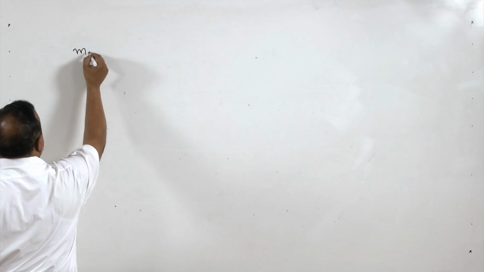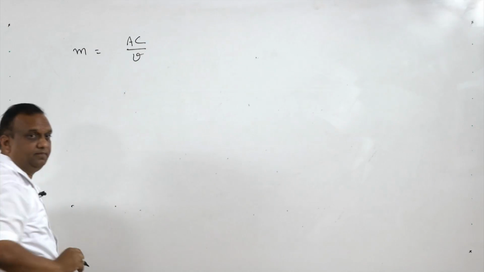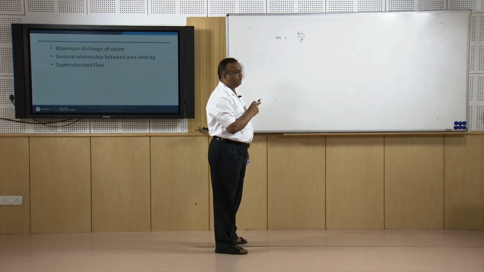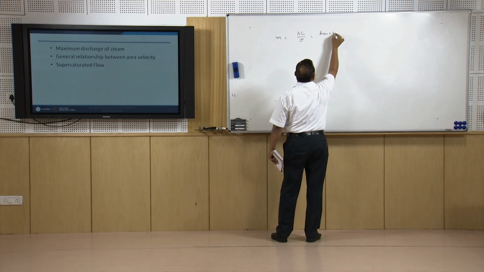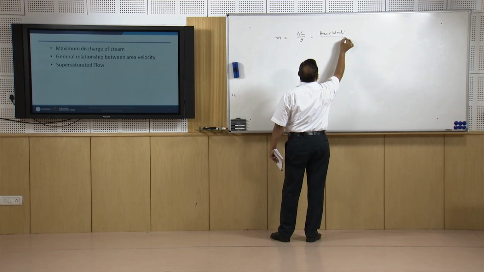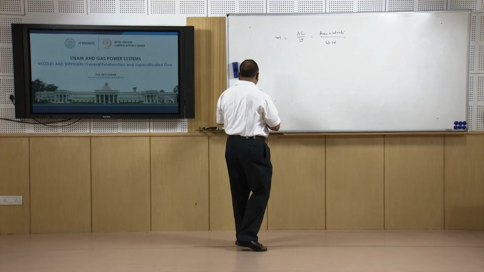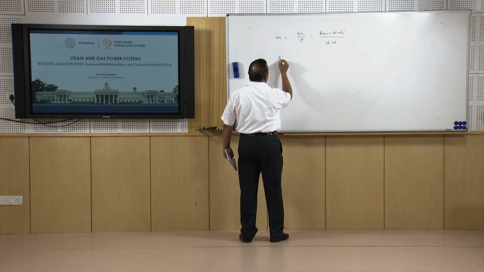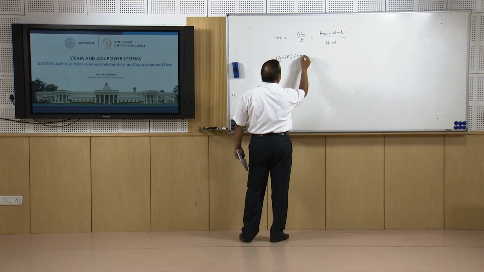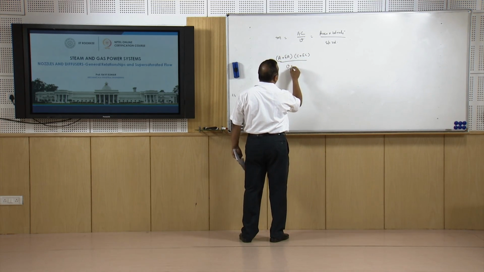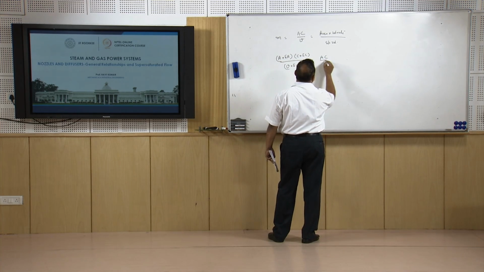Mass flow rate through the passage is AC by V. Mass flow rate is area into velocity divided by specific volume, right? Okay. Now (A plus del A)(C plus del C) divided by (V plus del V) is equal to AC by V.